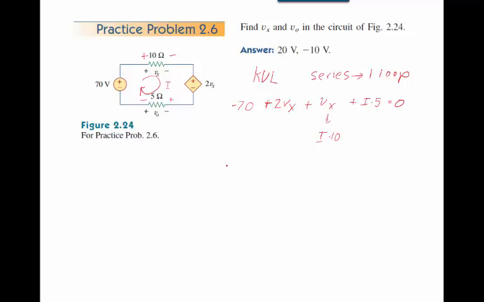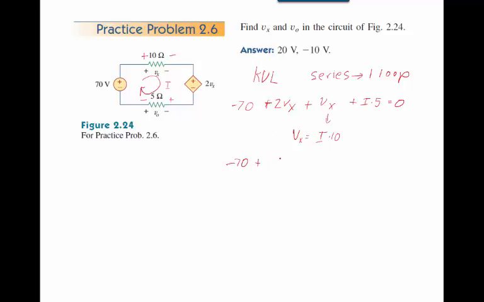Okay, so minus 70, Vx by definition is I times 10, right? And this is a voltage controlled source. The voltage here depends on the voltage here.